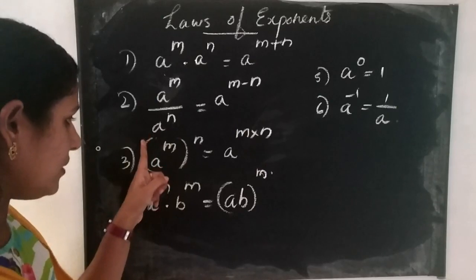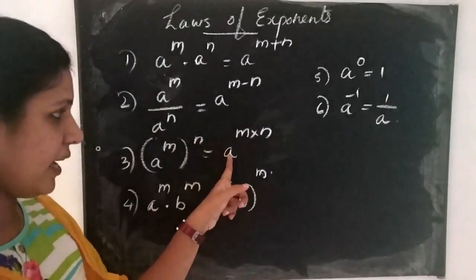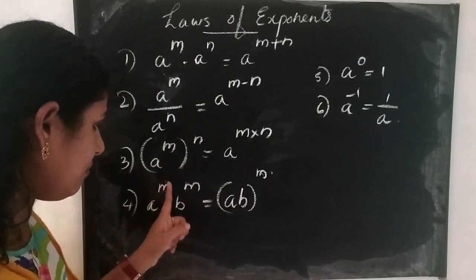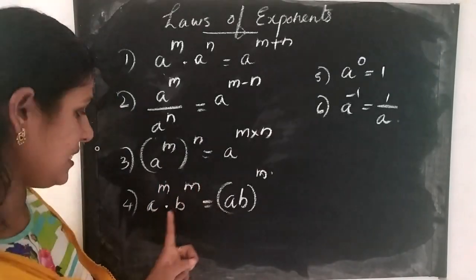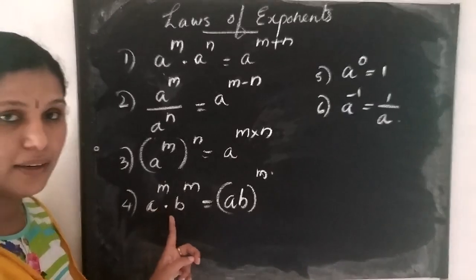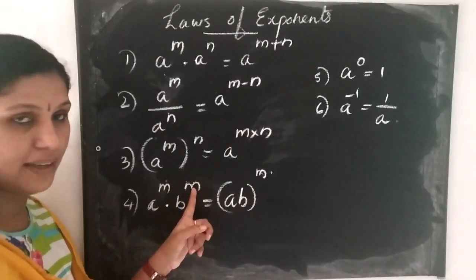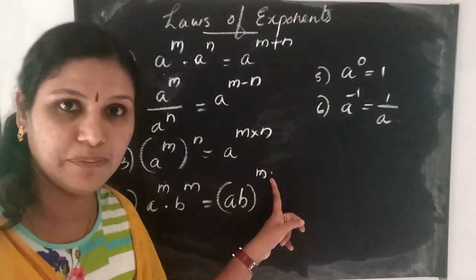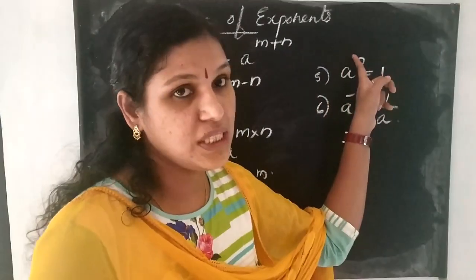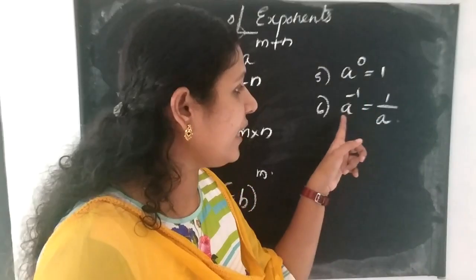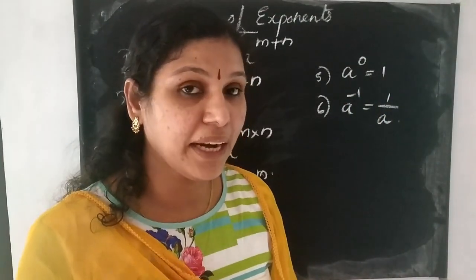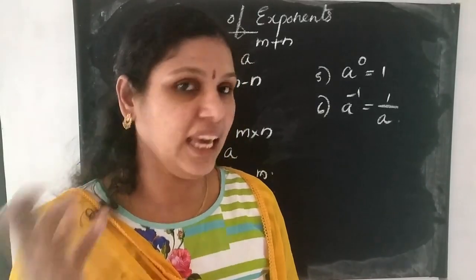A raised to m, the whole raised to n, is a raised to m into n. Then a raised to m into b raised to m. See children, here the bases are different but the exponents are the same, so we write (ab) the whole raised to m. The next is a raised to 0 is 1, a raised to minus 1 we can write as 1 by a, or 1 divided by a raised to minus 1 we can write as a.